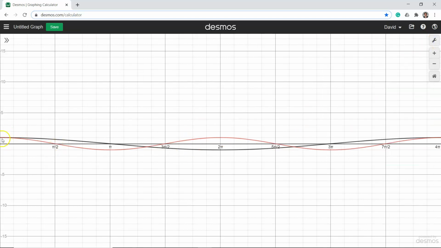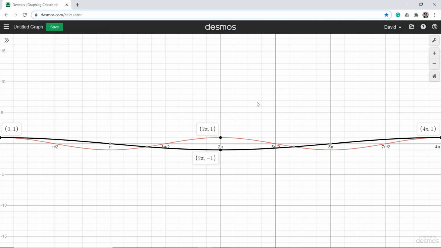So now the colors are the same as they were before. This red is just our regular cosine. Notice that it repeats after 2 pi. However, our purple doesn't repeat until you get all the way to 4 pi. So when we multiply the x in our function by a fraction, we actually increase the period.